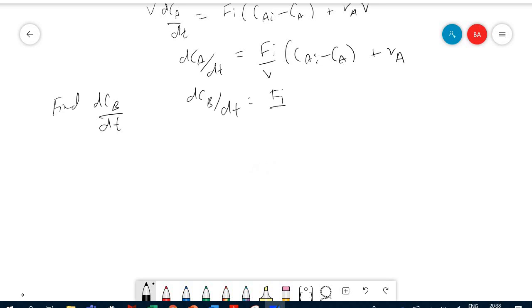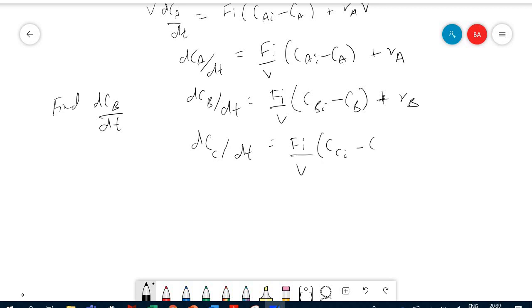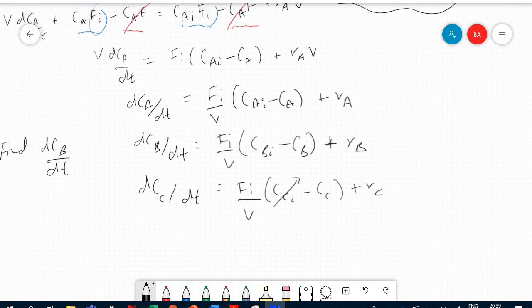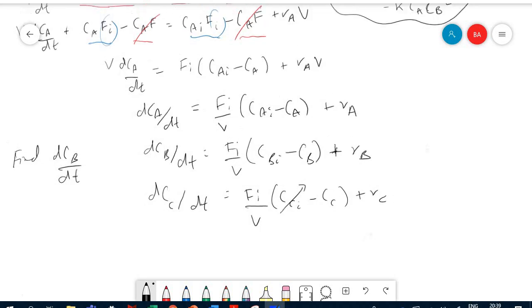And this is the beauty of modeling, because we have the same equations and it will obey exactly the equation. So dC/dt = Fn/V (how much C gets in and how much C leaves out) + RC. Now of course we know that there's no Cn, so this is going to be 0. Beautiful. So these are the equations that we have, and it looks perfect.